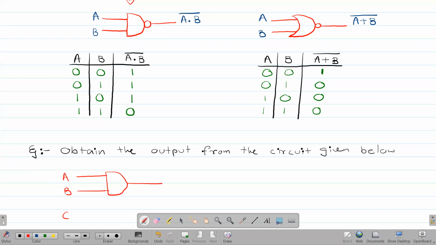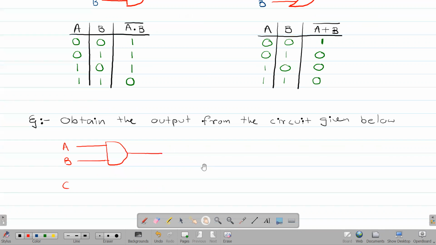And there is someone called C as well, which flows here. Let's have a NOT gate in between. And it flows through an OR gate.